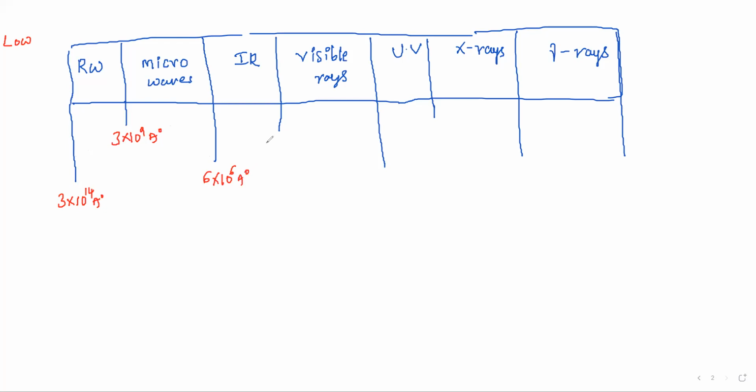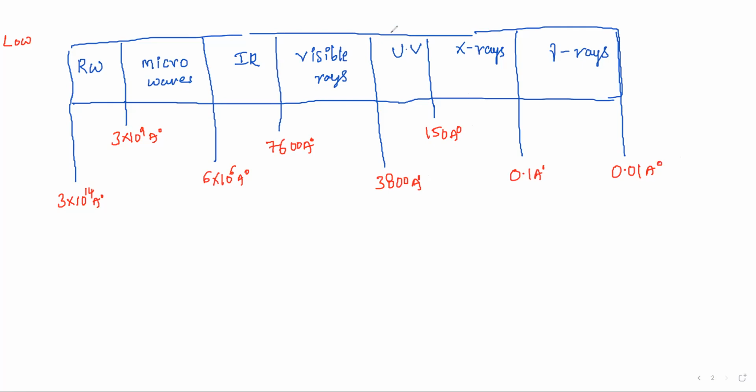and here 7600 angstroms visible rays, and 800 angstroms, and 150 angstroms, and here 0.01 angstroms, this one 0.1 angstrom, this is 0.01 angstrom.